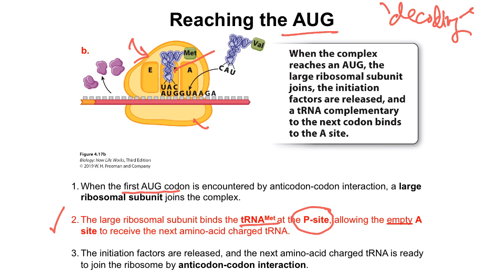particular case, tRNA that carries a valine, and that's because this tRNA has an anticodon, CAU, that is complementary with the codon GUA. So when this happens, the second incoming tRNA charged with valine allows the ribosome to have an anticodon-codon interaction, and the second decoding event happens.